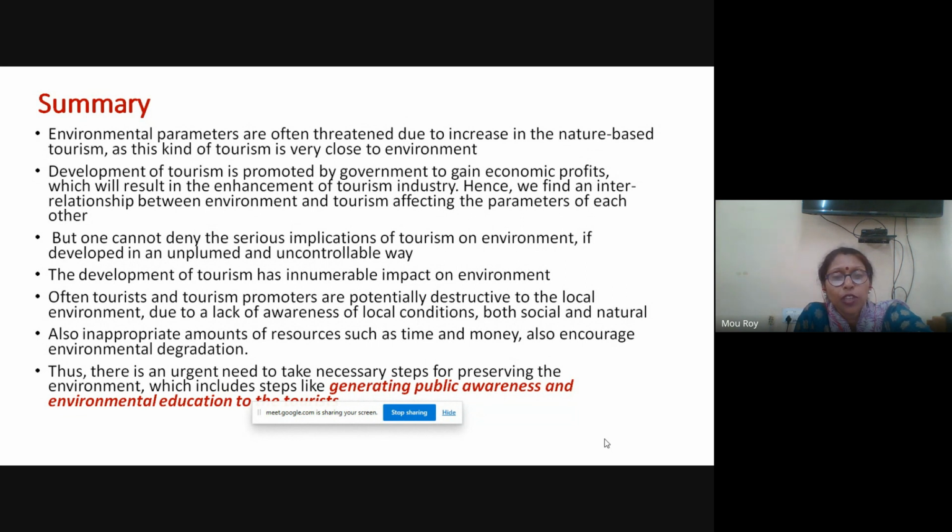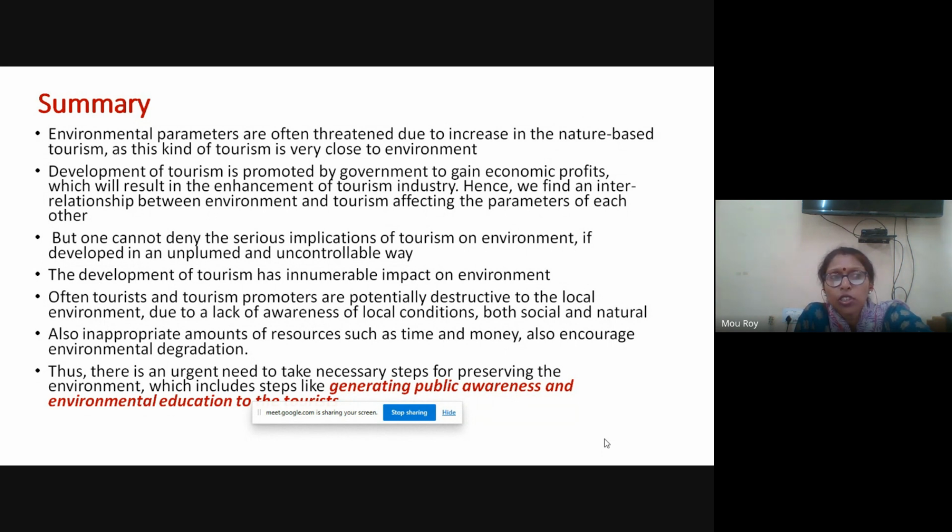There are a lot of implications of tourism on environment, because sometimes the destination is not being properly planned. People want to reach there, but they are unable to reach because proper construction is not there, proper lodging is not there, proper fooding is not there.